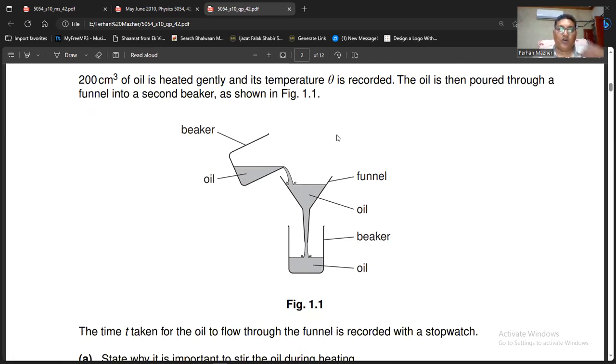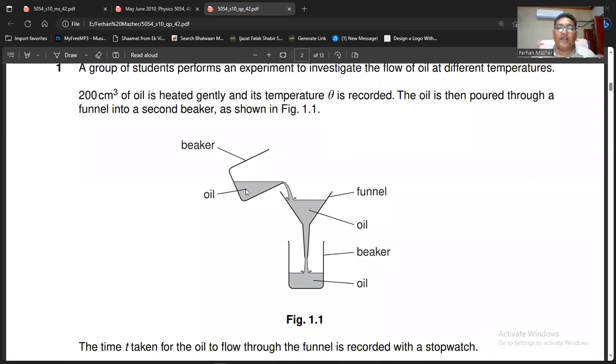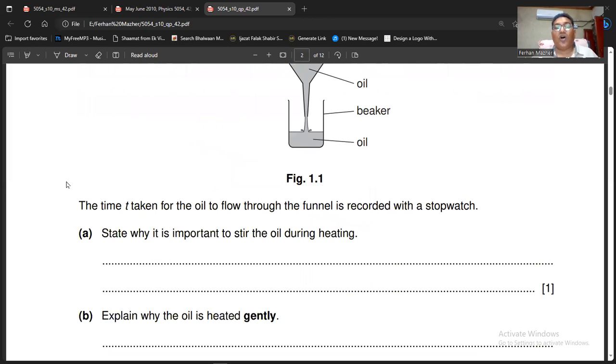They have heated the oil, and at a certain temperature they start pouring it through the funnel, and they note down how much time it takes to pass the oil through the funnel. The time t taken for the oil to flow through the funnel is recorded with a stopwatch.